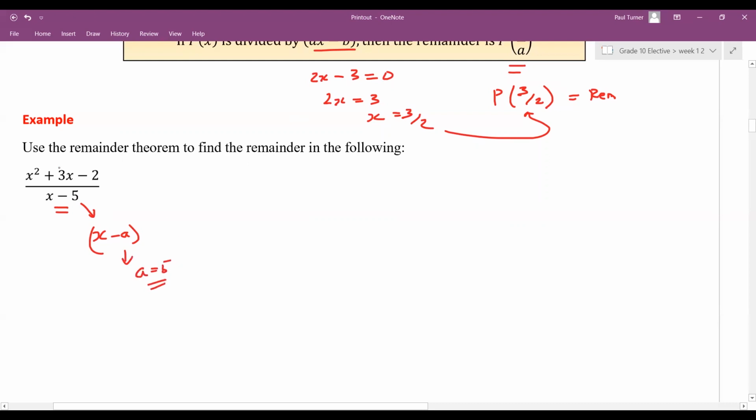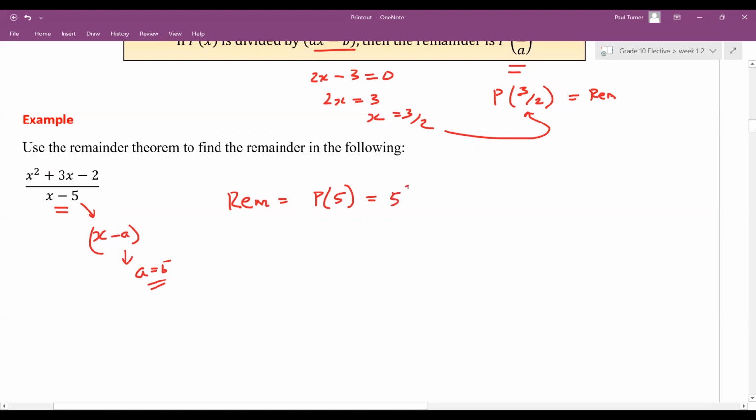So this is the number you need to put into the polynomial to get the remainder. So your remainder is going to be P(5), and then you put 5 into your dividend there.